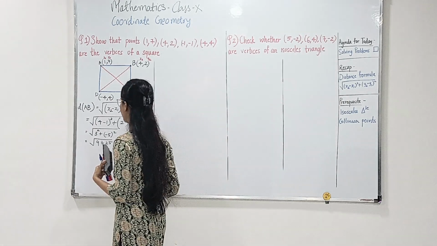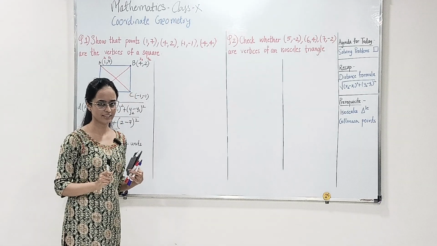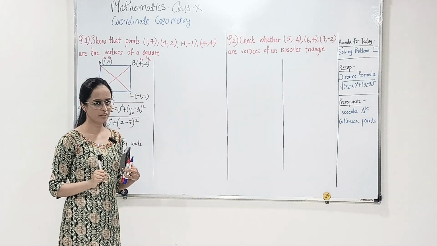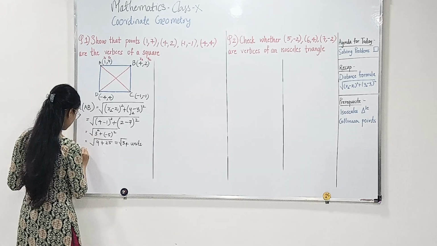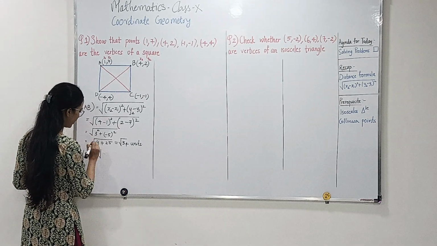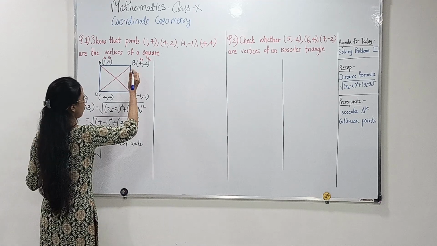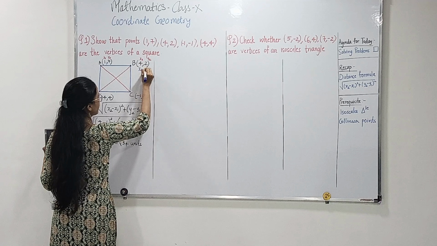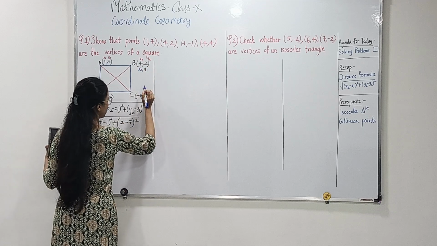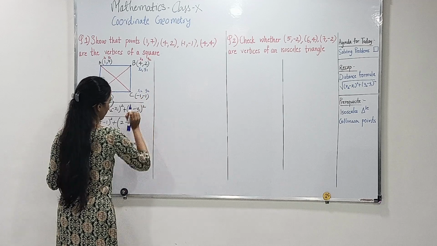Now similarly, we are going to calculate the distance between B and C, and that is nothing but the length of side BC. So distance BC would be equal to, again the same thing. Here I would be considering 4 and 2 to be x1 and y1, whereas minus 1 and minus 1 would be x2 and y2.